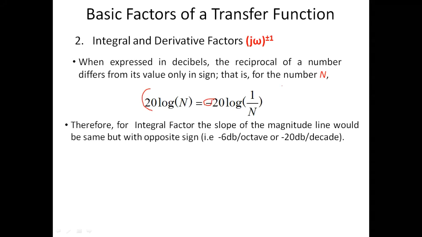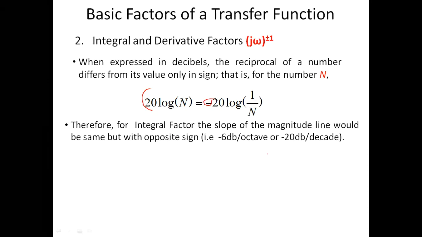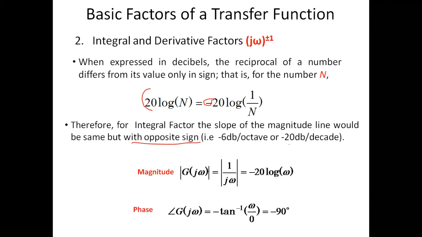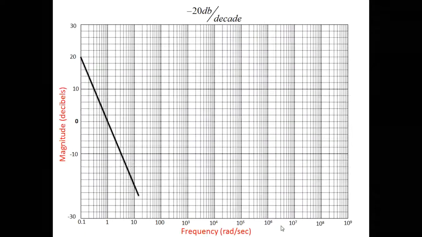So we use this property to draw the Bode plot for the integral. For the integral factor, the slope of the magnitude line would be the same but with opposite sign. The phase angle for the integral is also minus 90 degrees.